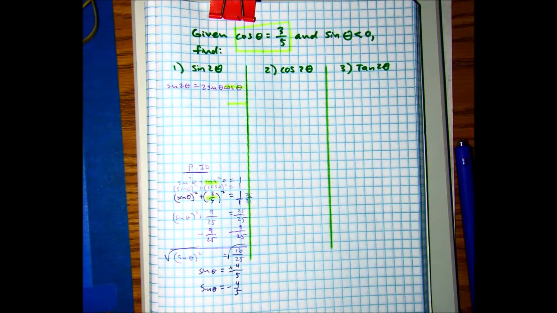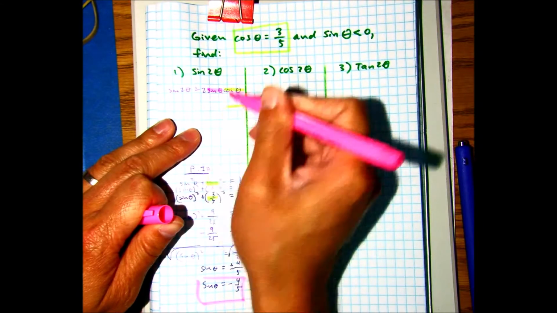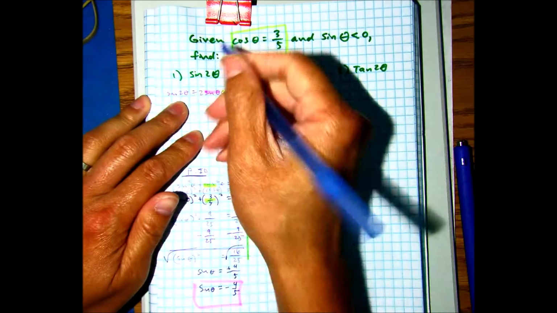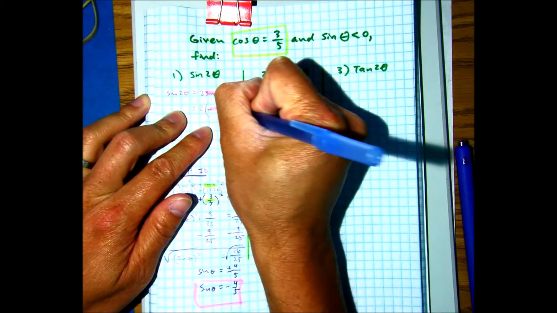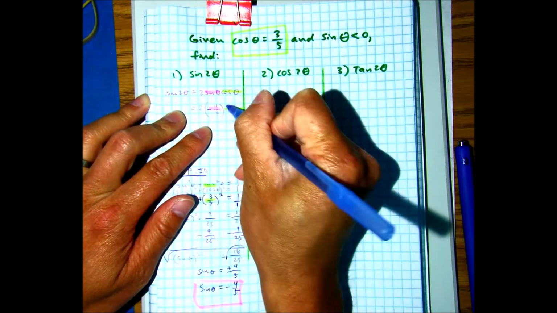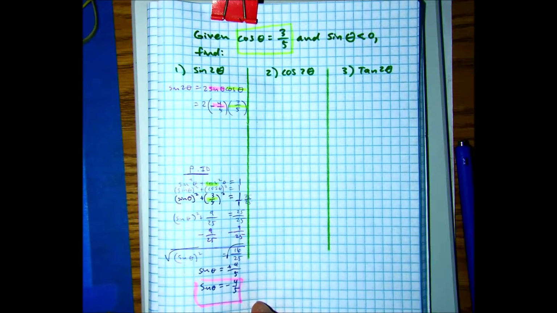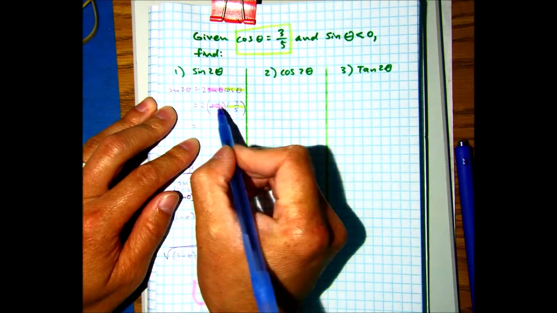Okay, we did all of that work, so you can do this now. So now I have 2 times negative 4/5, and cosine is 3/5. I can just multiply all the numerators.